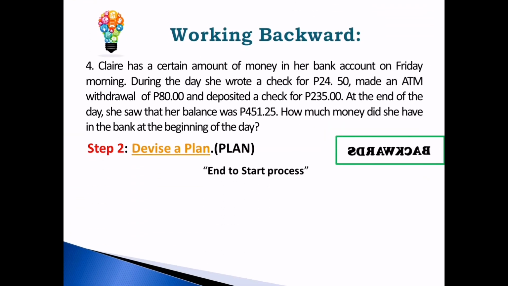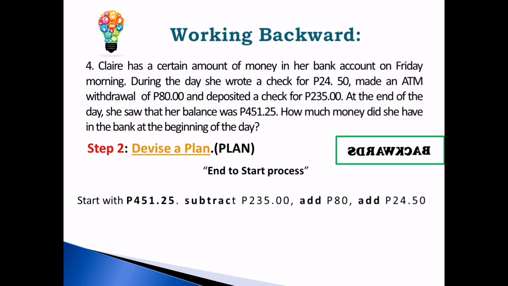In devising a plan, it's better to bring down all the necessary information in this way. Let's start with the end, which is the 451.25 pesos. Then there are some operations to be used here, and the operation to be used is opposite to the given action. For instance, start from 451.25 pesos because that is her balance.